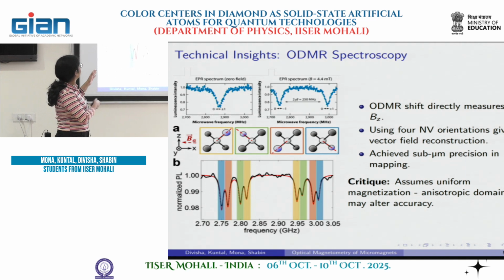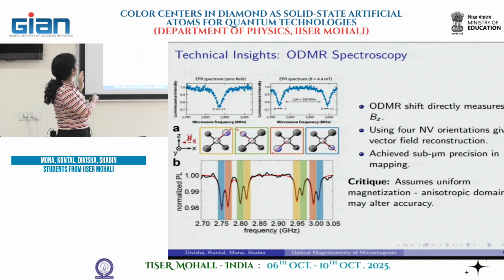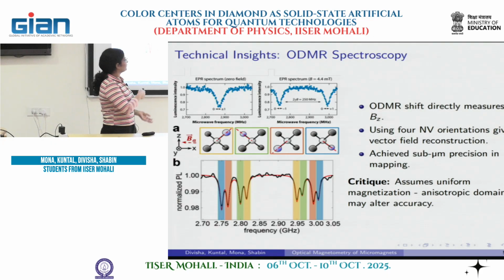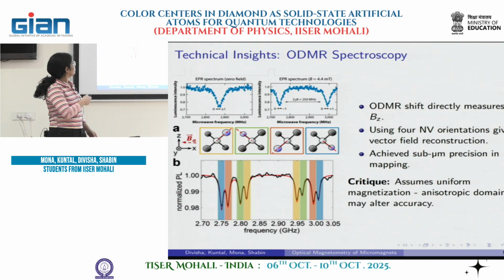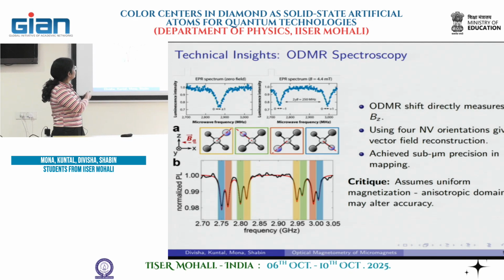Let us say I apply a magnetic field along any direction, then there will be different components along orientations 1, 2, 3 and 4, say. Because in the experimental frame there are different magnetic orientations, the projection of the magnetic field along each will be different, which means the strength of the magnetic field experienced by each configuration will be different, and therefore the fluorescence spectrum will show a characteristic different peak for each.